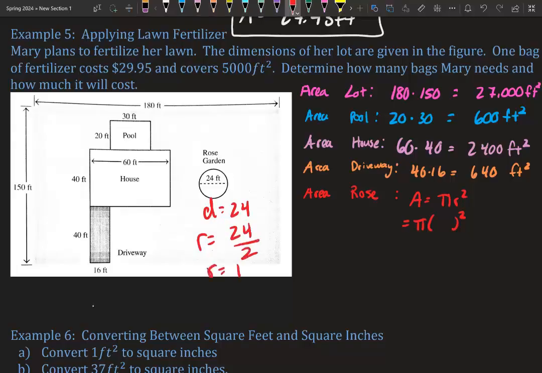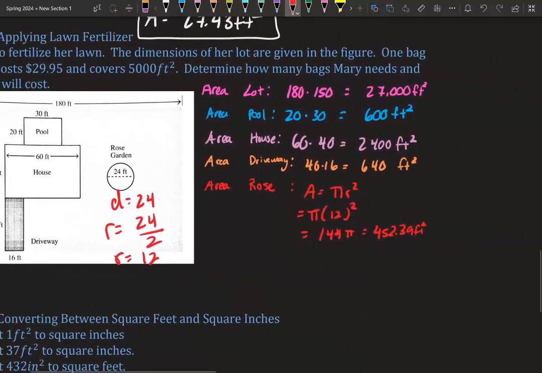So we get a radius of 12. So that comes out to 144 pi. And 144 pi, we get 452.39 feet squared.